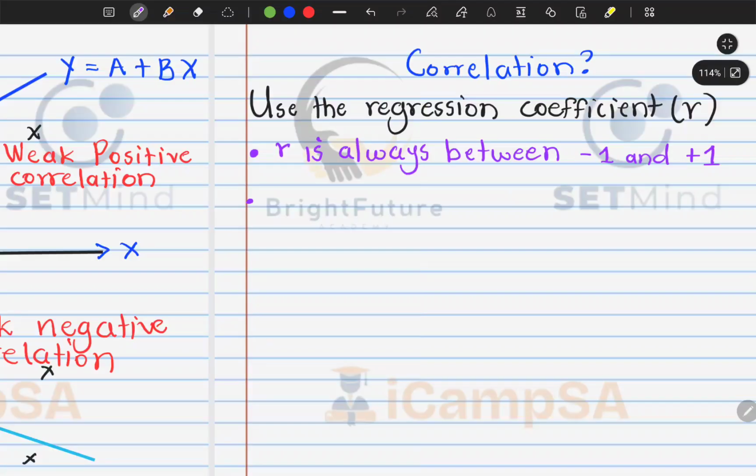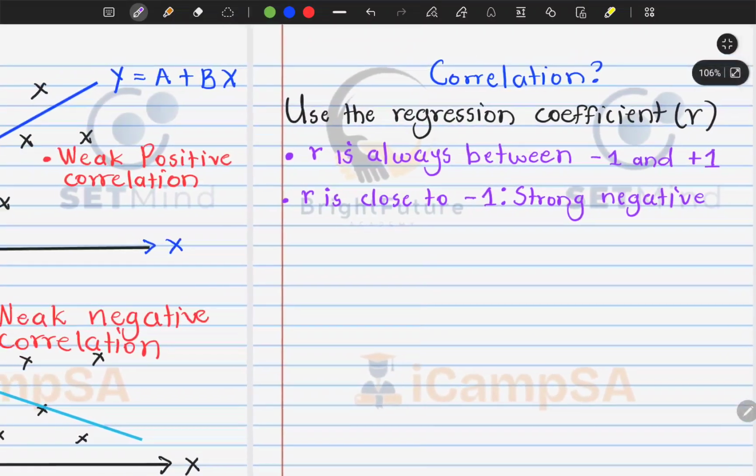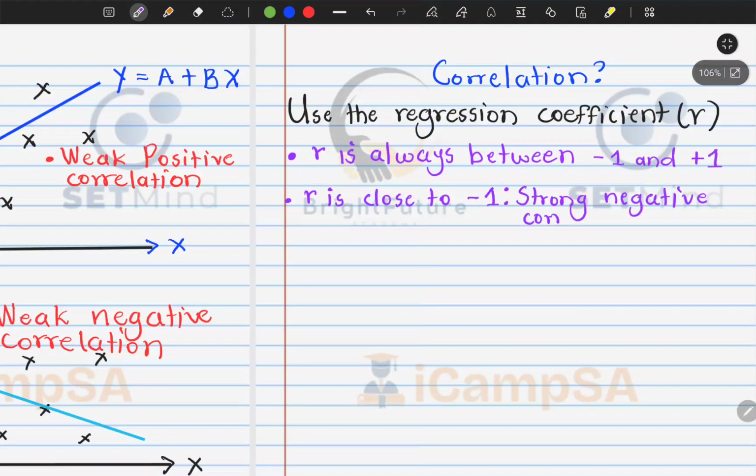And then what we should also note is that when R is close to -1, then what this suggests is that we have a strong negative correlation. Okay, this is very important for you to note.